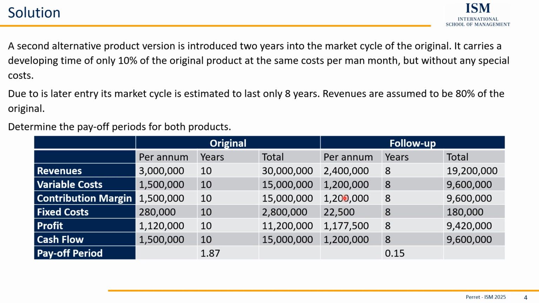Well, with the contribution margin and the fixed costs, I can calculate the profits per annum and in total. Again, no additional information, so I can assume the contribution margin also determines the cash flows per year. And with the fixed costs of development and the cash flow, I can calculate the payoff period by simply dividing my fixed costs by the cash flow, giving me this value down here.